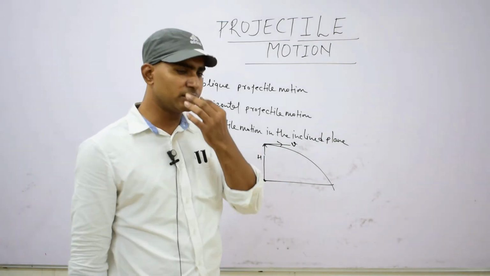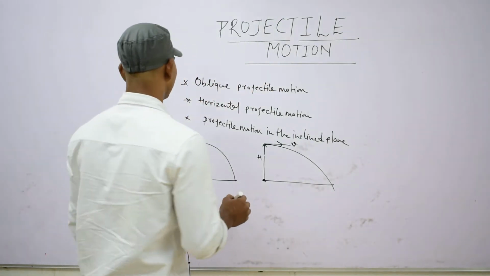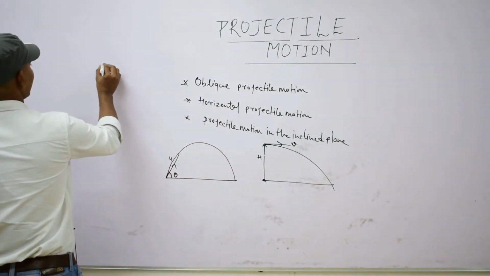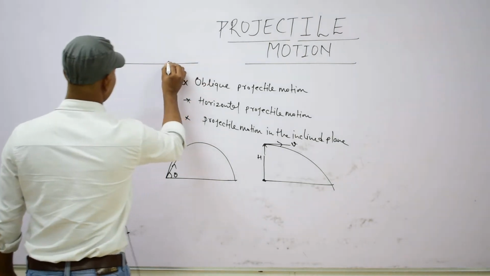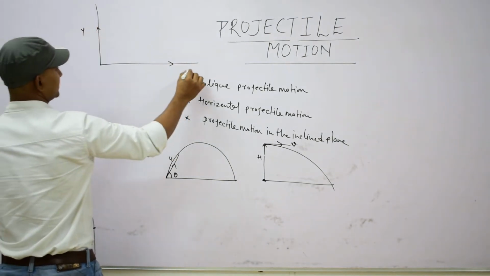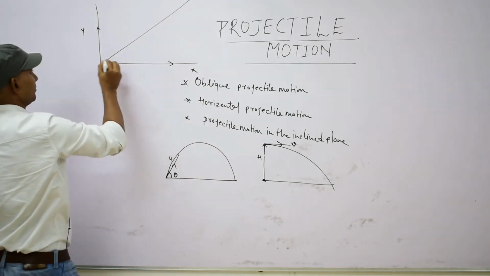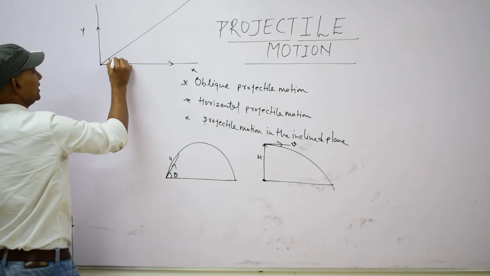And one more form is there, projectile motion in the inclined plane. So just see here, let's suppose I am considering an inclined plane. This is the x axis, this is the y axis, and the inclined plane is making an angle theta degree.